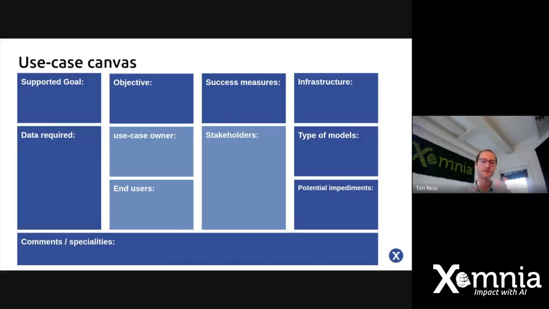Then you see 3 different blocks which have a different color. These are not so much technical things or business things you need to define, but these are the people that you need to define that will be important to make this use case a success. And I've already mentioned this, right?